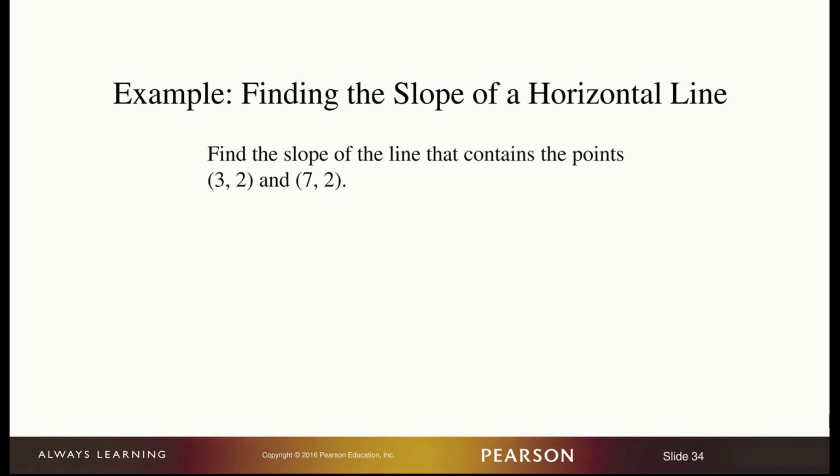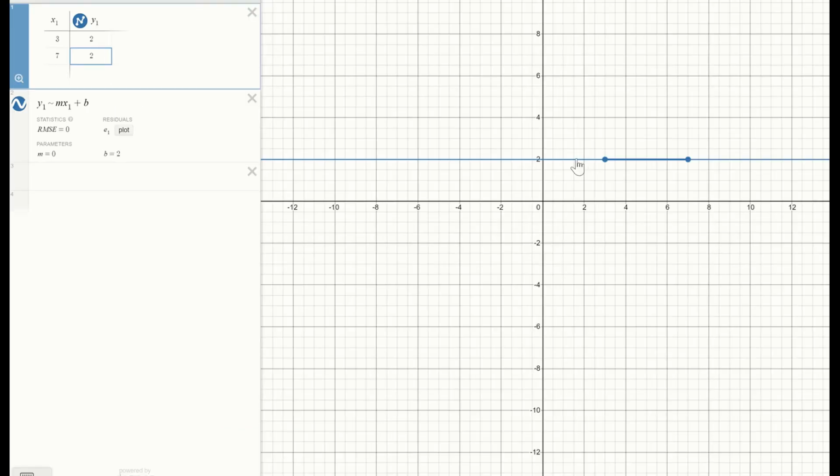Notice that all the lines we've talked about so far have been what we call oblique. They have not been horizontal and they have not been vertical. So let's talk about what happens with the slopes of those lines. Here's an example. If we pick these 2 points and look at them visually, we have the point (3, 2), here we have (7, 2), and there's the line that goes through them.